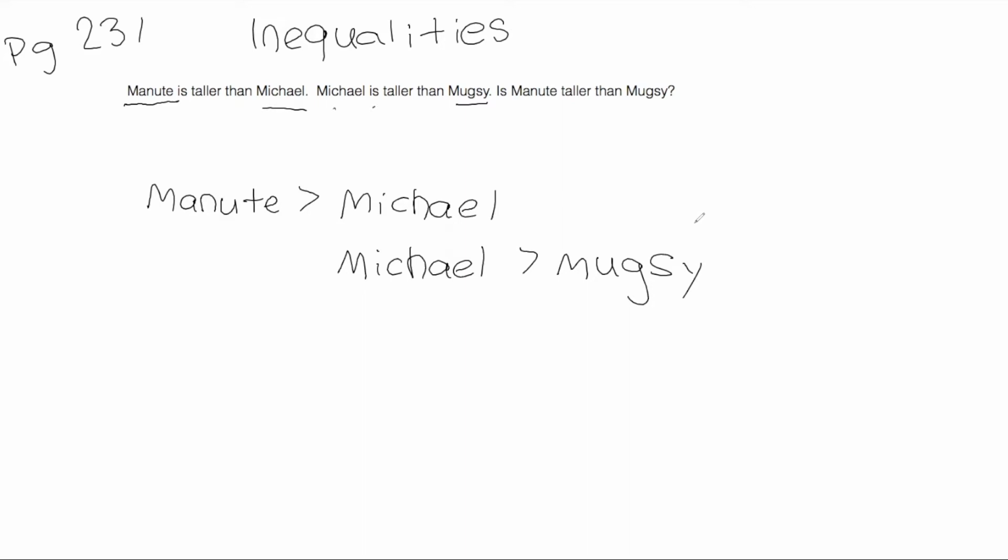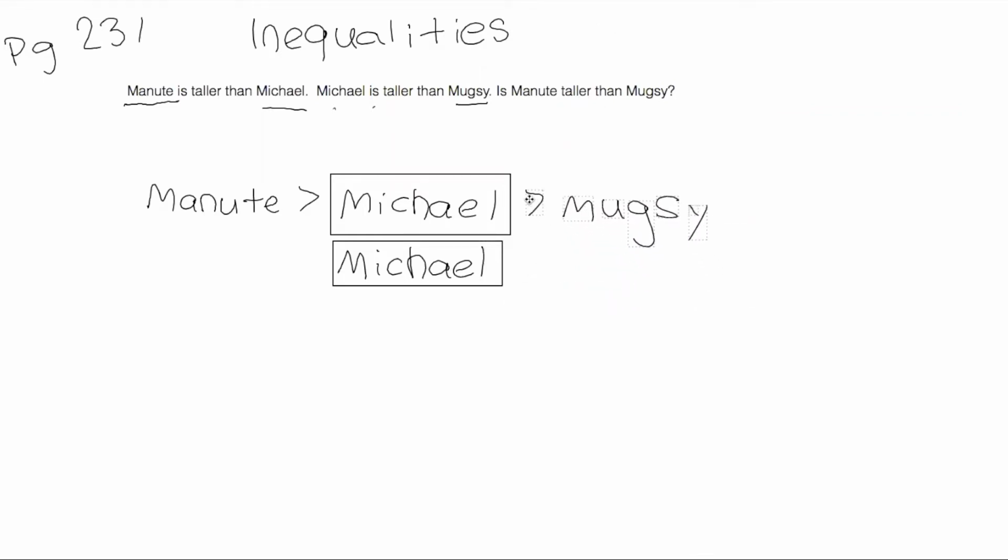Yeah, you can just do Manute is greater than Muggsy. Exactly. But we still have Michael in there, though. Notice how Michael appears twice. Michael is less than Manute, and Michael is also greater than Muggsy. So what we can do is take Muggsy, move it up, and make it into one inequality.